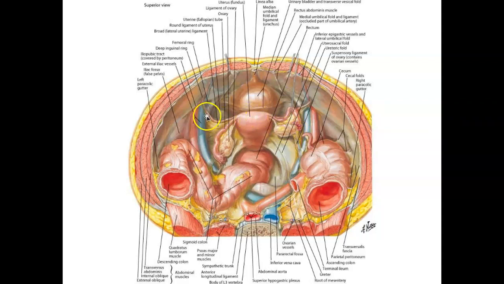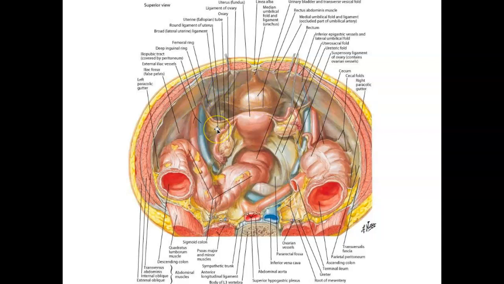The round ligaments you've seen here on the previous dissection, the round ligaments coming laterally. This is going to help attach the uterus to the body wall laterally and anteriorly. It comes off of the lateral anterior aspect of the uterus on each side and goes to the deep inguinal ring, from the gubernaculum.